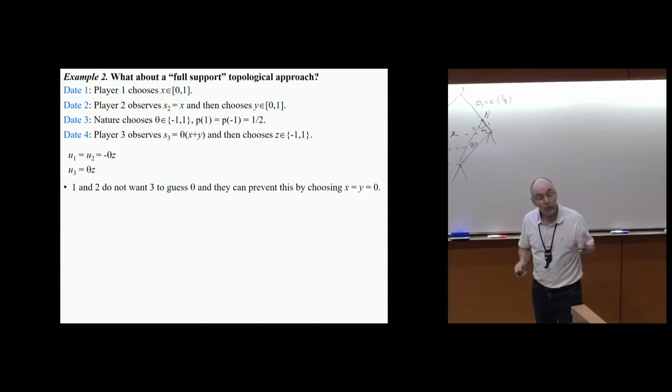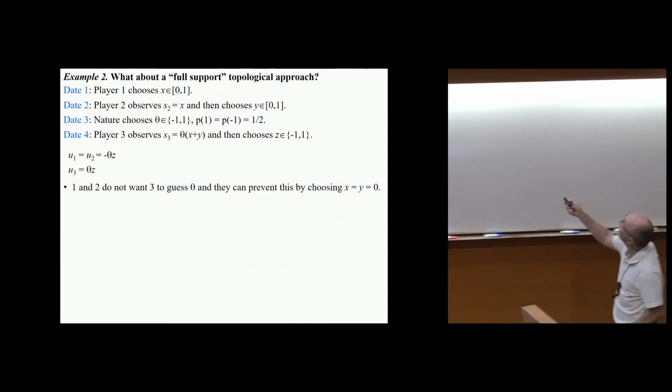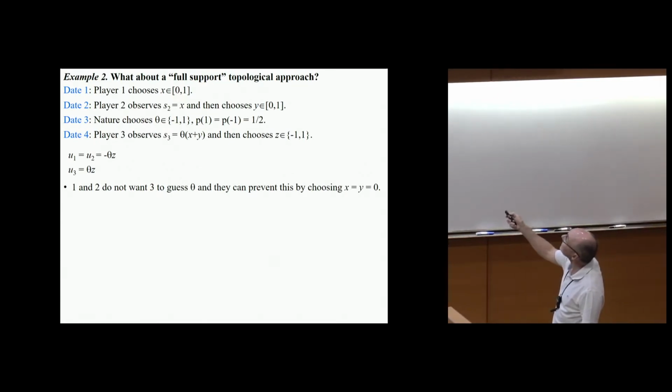Now, let's take a look at player 3's signal. Notice that if x plus y is positive, and theta is either -1 or +1, then this number, S3, will be either negative or positive. It will be negative if and only if theta is -1, and positive if and only if theta is +1. Its absolute value will also not be 0.